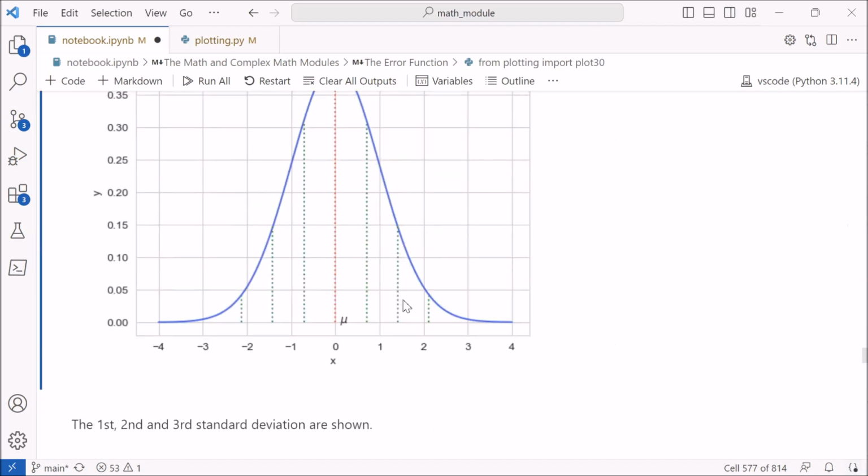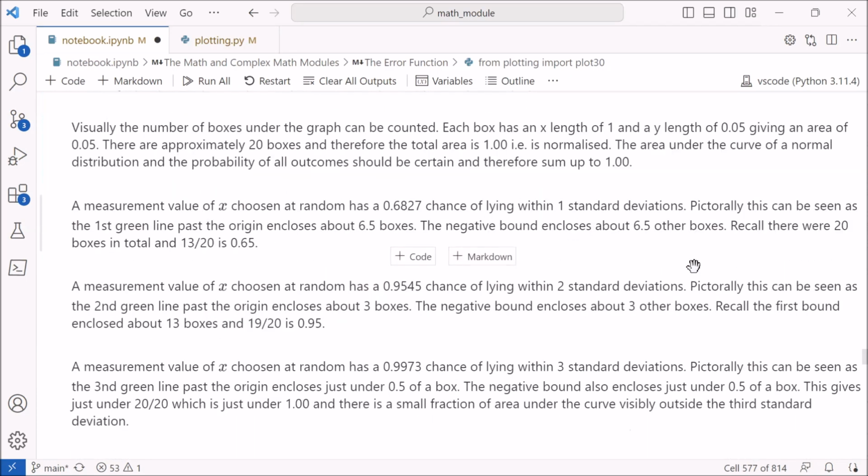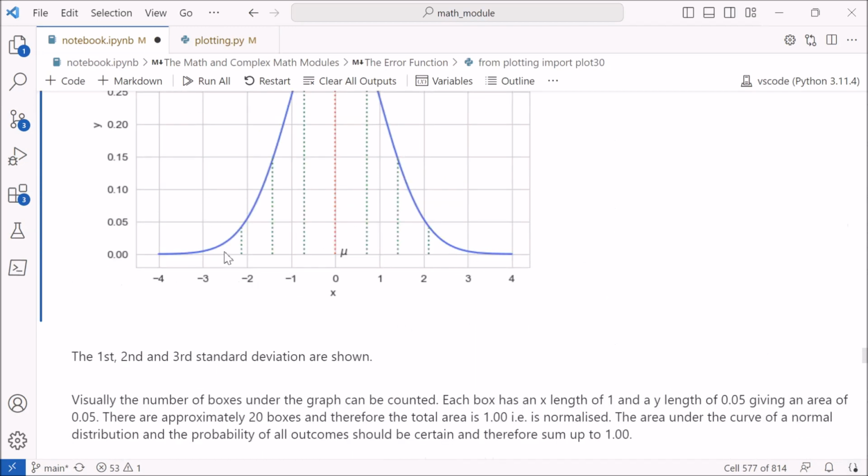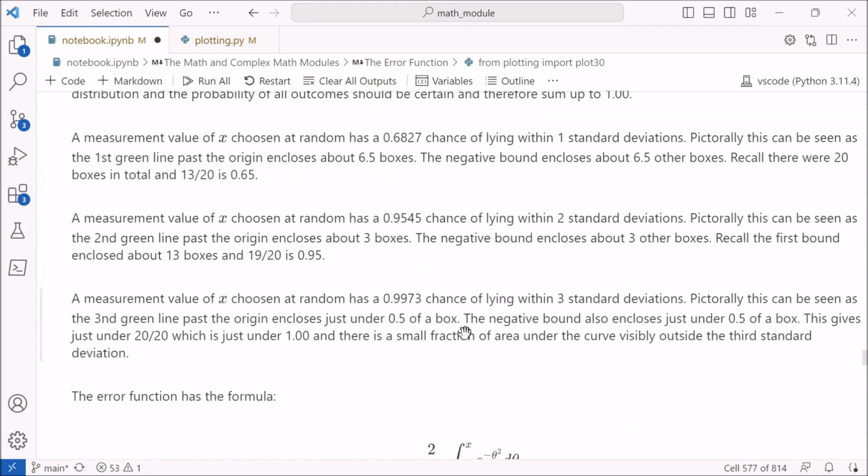And if we have a look at 3 standard deviations, it's approximately another box on either side, so this is basically 20 over 20, which is 1. It's not quite 1, there's actually a small amount here and a small amount here, so it's 99.73.